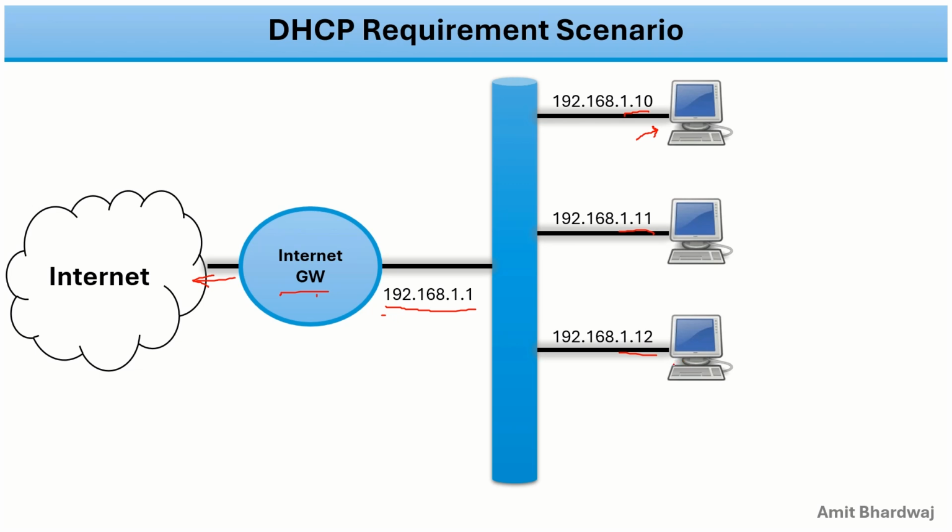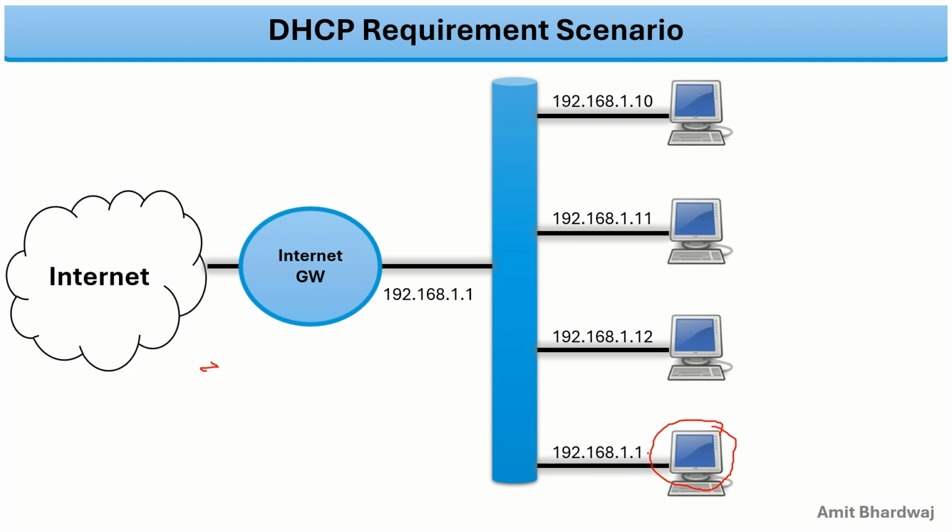However, let's see what happens when we have a scale up requirement coming up. A new system is introduced which has to be put into the network so that it can access the internet.